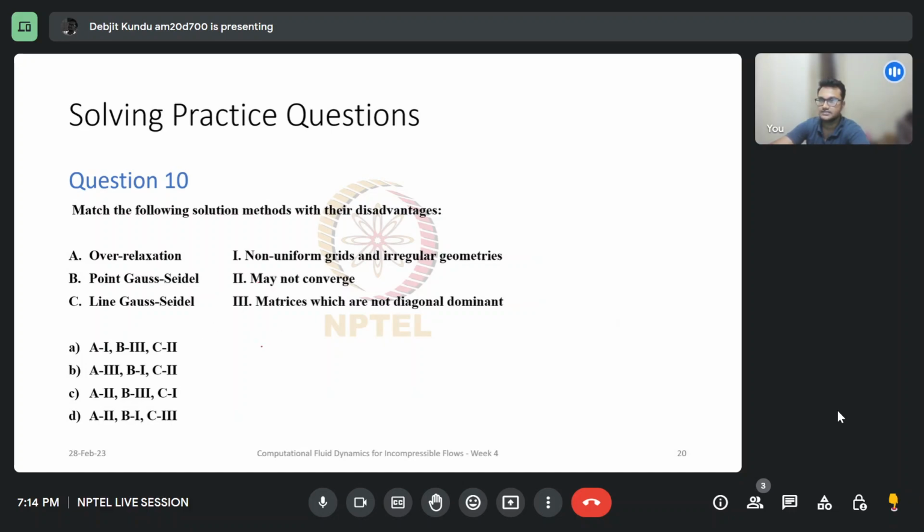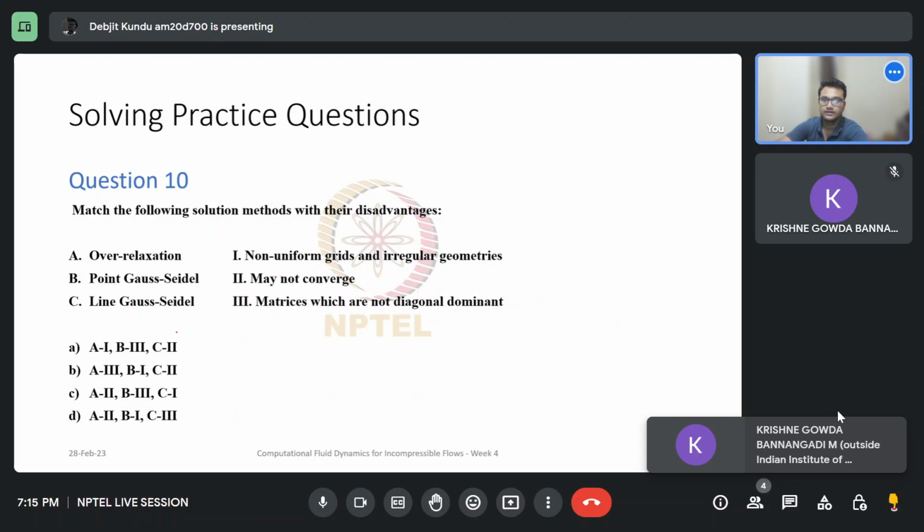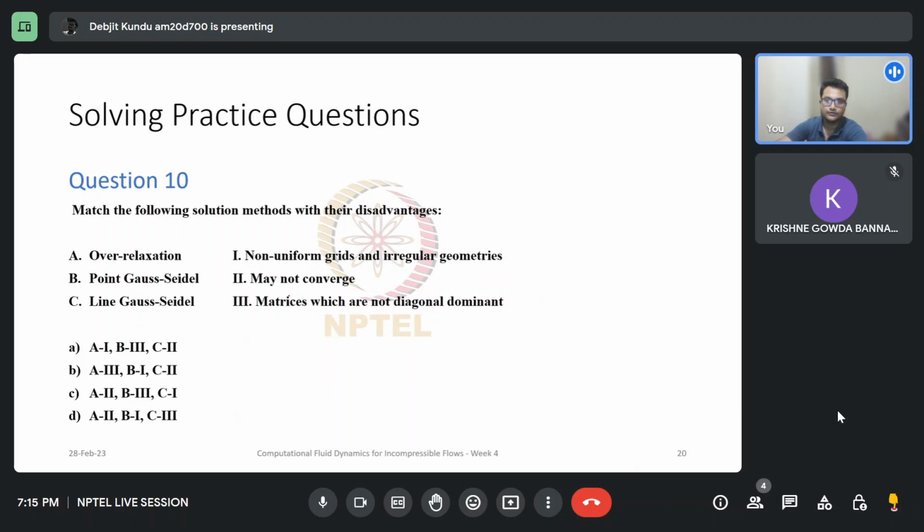The solution methods are option A, over relaxation, option B, point Gauss-Seidel, option C, line Gauss-Seidel, and in the disadvantages column we have option 1, non-uniform grids and irregular geometries. Option 2, may not converge. Option 3, matrices which are not diagonal dominant. So we have different methods in the left hand column and certain disadvantages which they may have in the right hand column. We have to match them with the correct one.